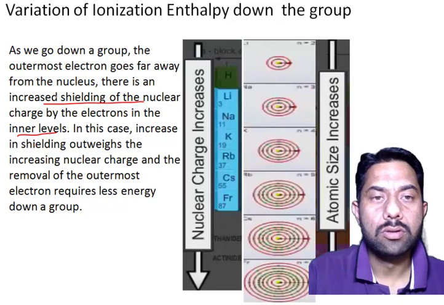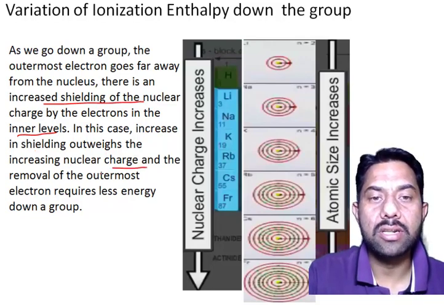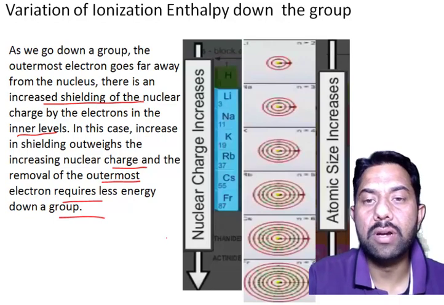So the valence shell electron is not attracted as strongly, and we can say that the shielding effect outweighs the increased nuclear charge, and hence the removal of the electron becomes easier as we move down the group.